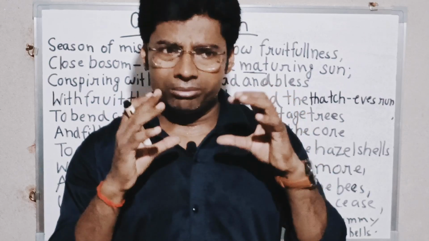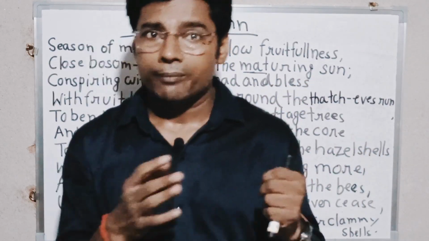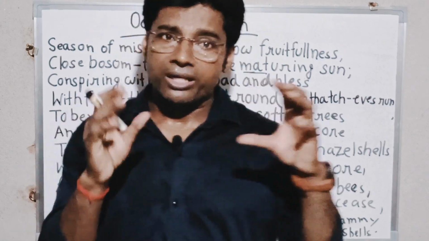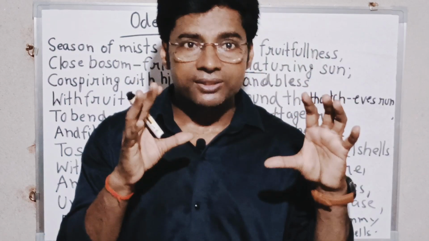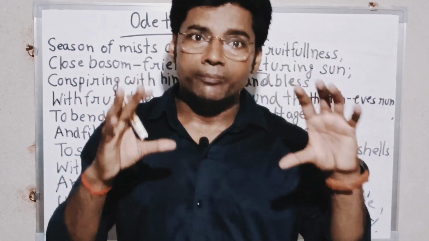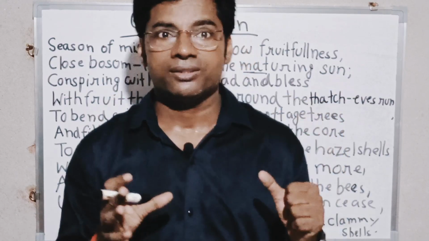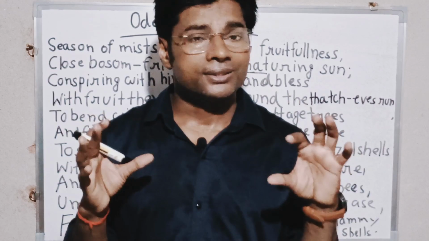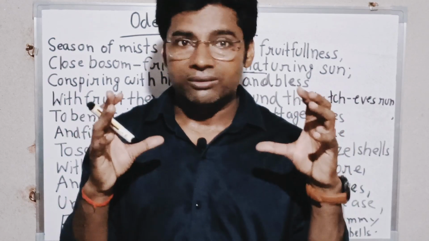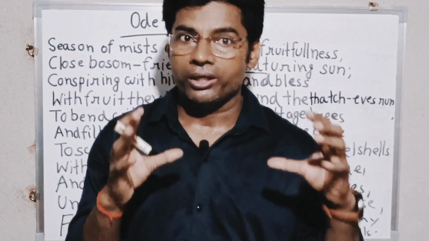He means to say that autumn has helped each and every plant and tree to load themselves with fruits, vegetables and flowers, like the gourd creeper, which has made its vegetable absolutely mature.